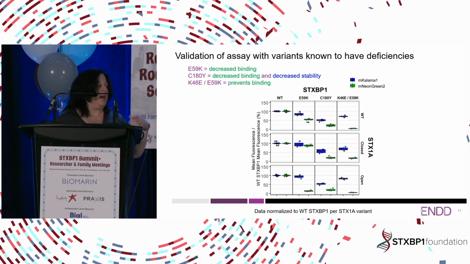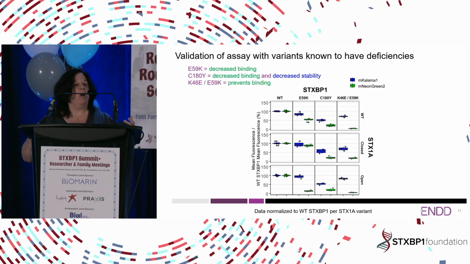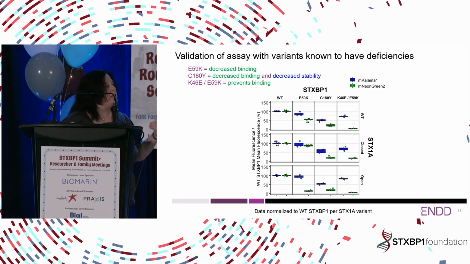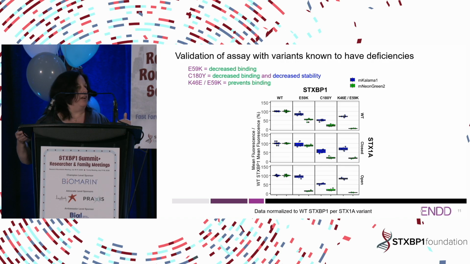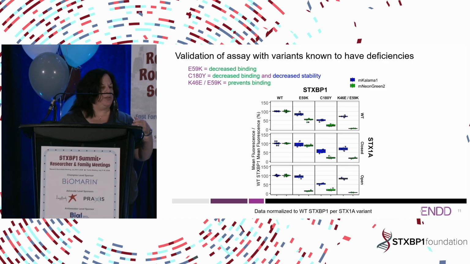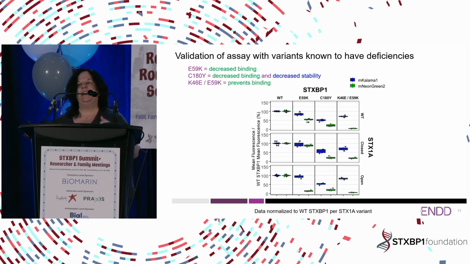So the wild type will always be about 100% because that's what we expect. The only reason why we have some dots above or below is if I put more than one wild type in an experiment, I then average them. And then looking at the different CALMA1 levels and the neon green levels, I've color-coded it so CALMA1 will always be blue and neon green will always be green.